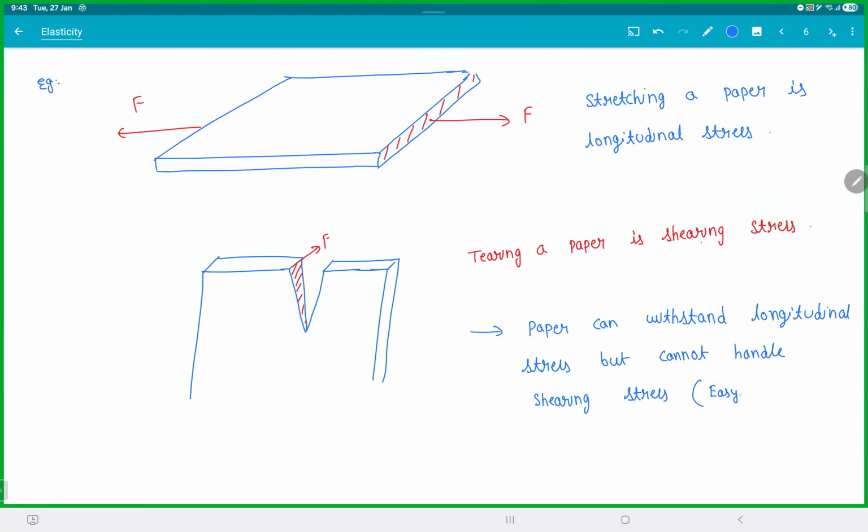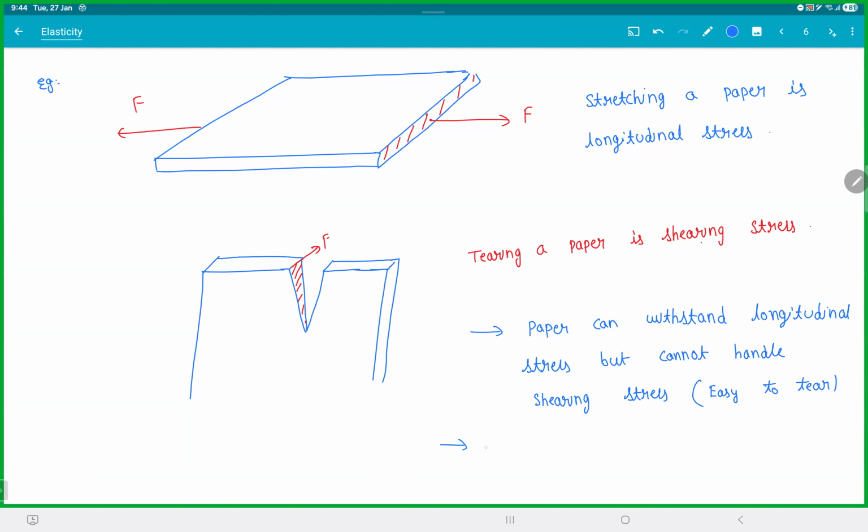Did you ever try to open a Dairy Milk or any plastic cover? Is plastic easy to stretch or easy to tear? Normally, Dairy Milk and all, they give you these edges like this so that you can easily tear. But what if you have a proper cover like this, and you try to tear it from the middle?